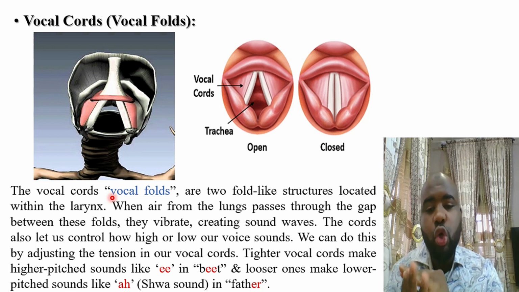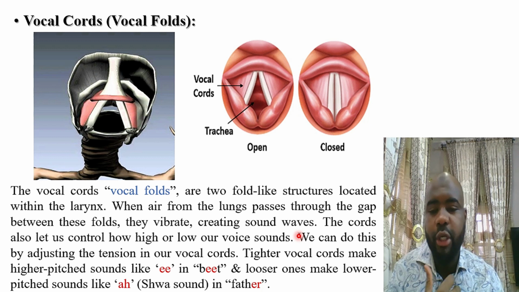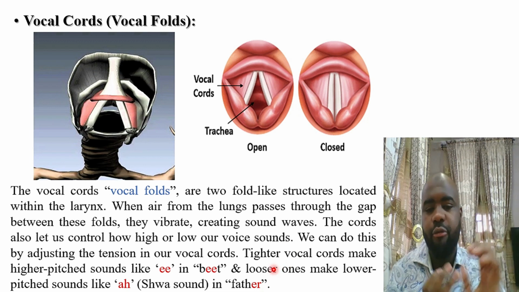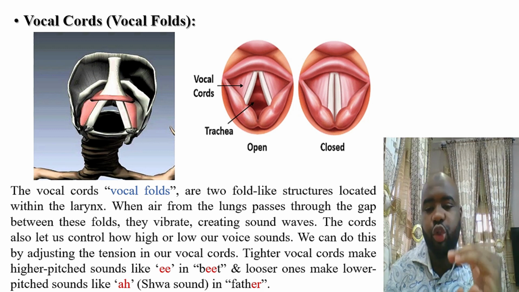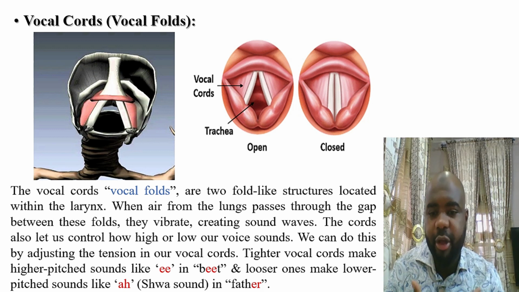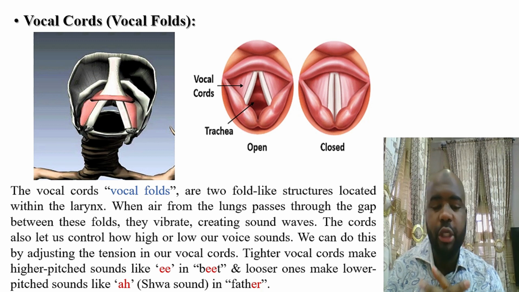Tighter vocal cords make higher pitch sounds like E, C, U sounds, and looser ones make lower pitch sounds, as in the schwa in father, mother, brother. Or see, we have the open vocal cords. So this is the work of the vocal folds in the production of sound.